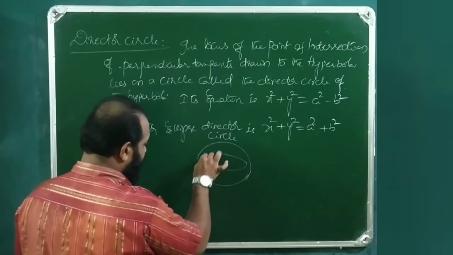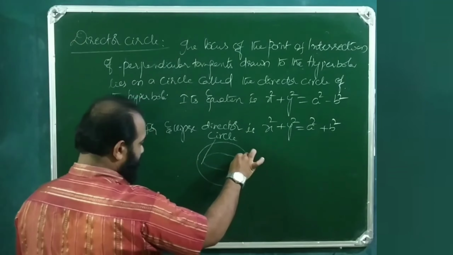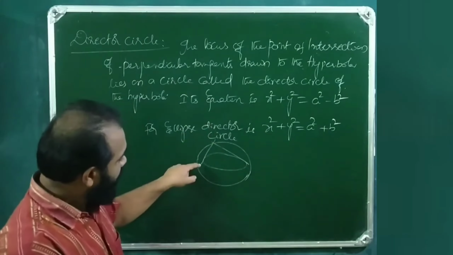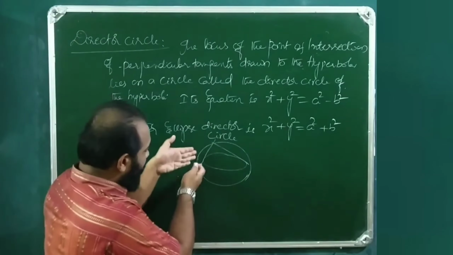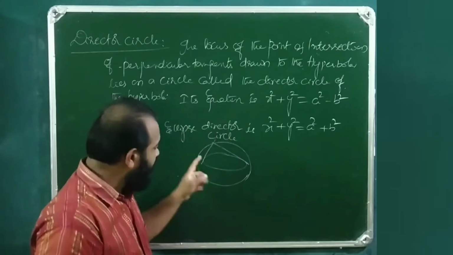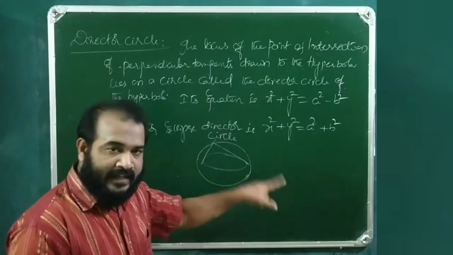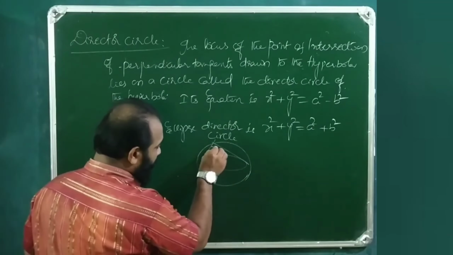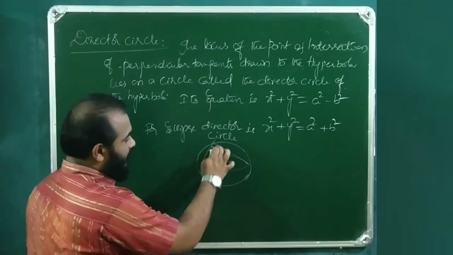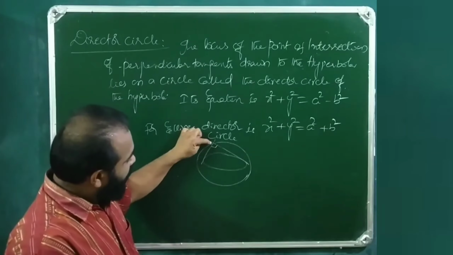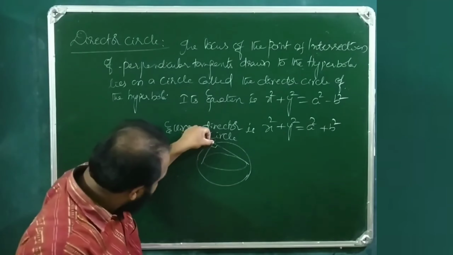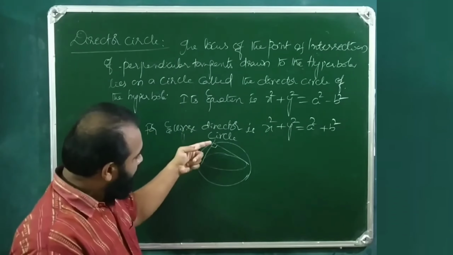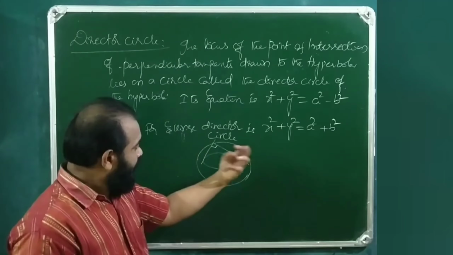This and this are the two tangents for this ellipse, and these two are perpendicular tangents. They intersect at this point, and we consider the locus of this point. Likewise, there are so many points formed.